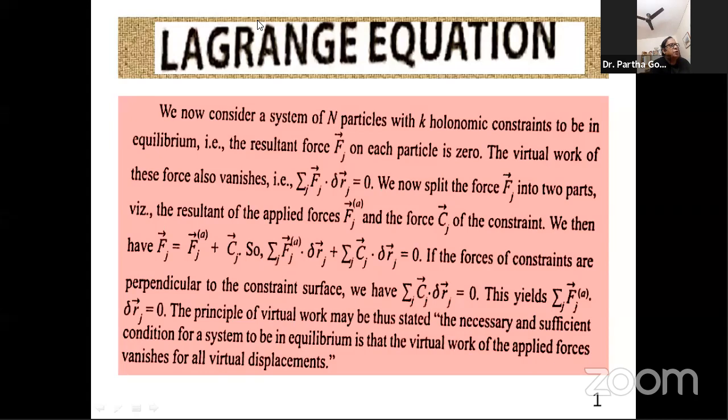So that statement and this statement for equilibrium is not very different. Only out there you had total force 0, total torque 0. You are not talking now in Lagrangian formulation in terms of force. You simply have assumed a kind of imagined displacement, and you are saying with such imagined displacement, total work should be 0 if the system is in equilibrium. With this, we go to the second slide.